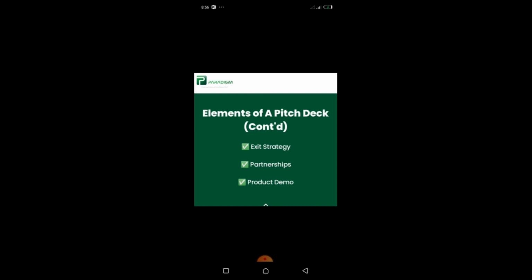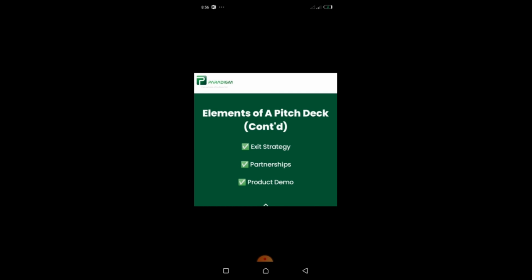The last thing is your product demo. If you already have a product that you have prepared, that is your minimum viable product, or you have a service that you have offered already, you should give a demonstration of how the product works, so that your potential investors know that your business is not just a hit and go. It is not just an idea that might not work.